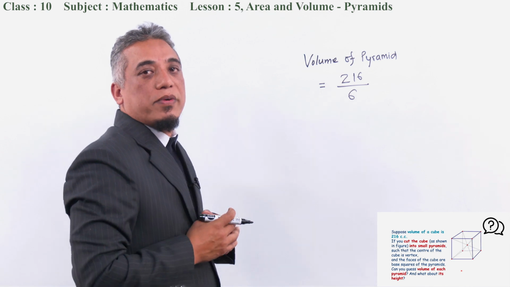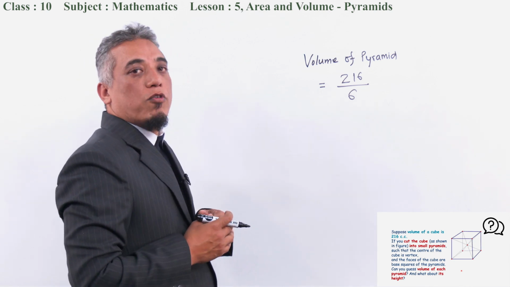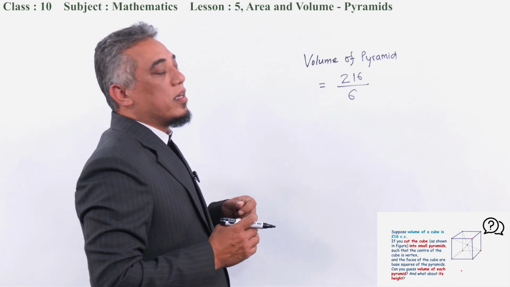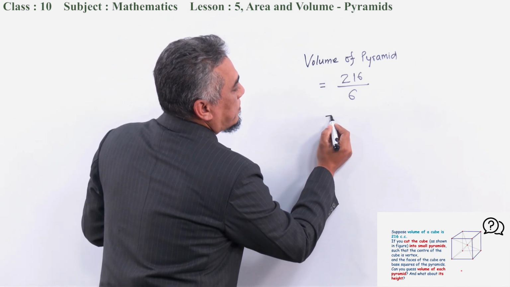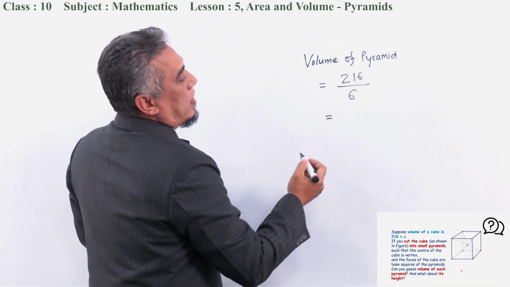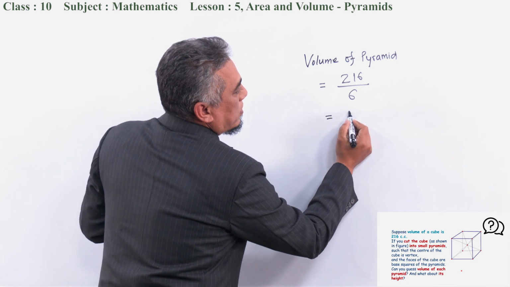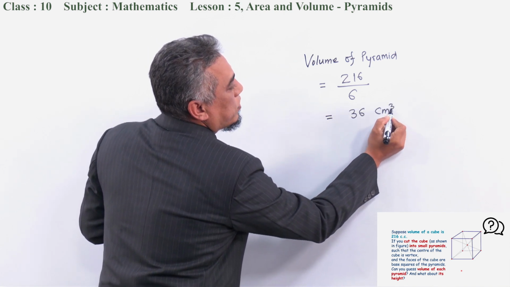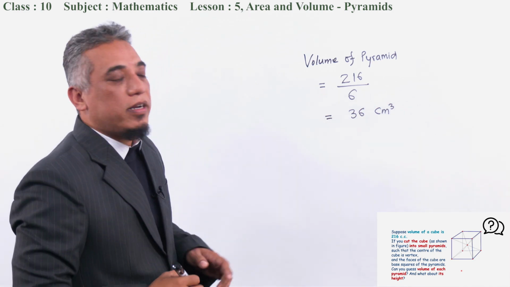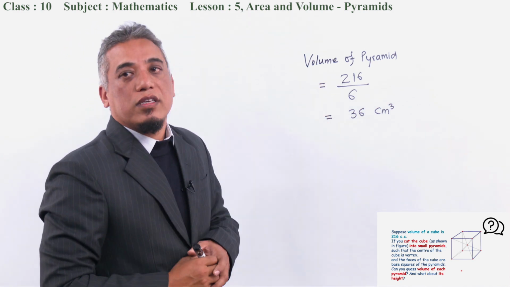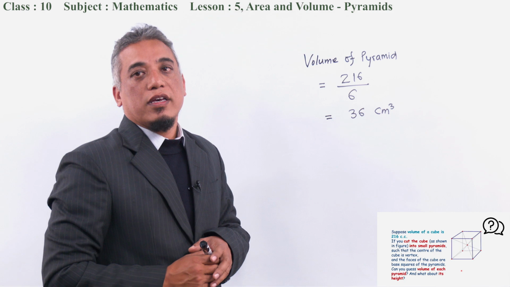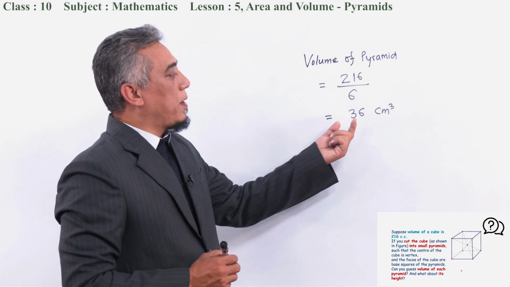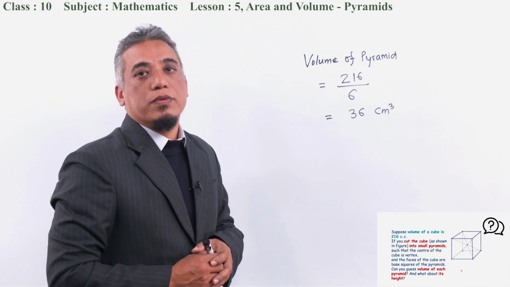All the 6 pyramids formed are equal and the volume of the cube is 216. So it is 36 cm cube. When we divide 216 by 6, we get 36. This means the volume of a single pyramid is 36 centimeter cubes.